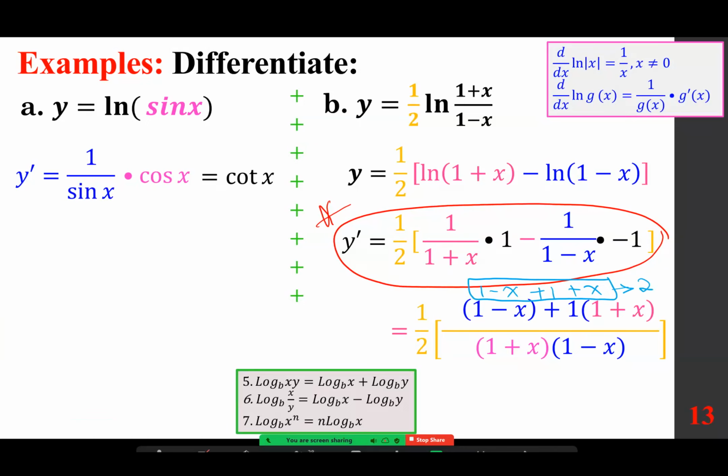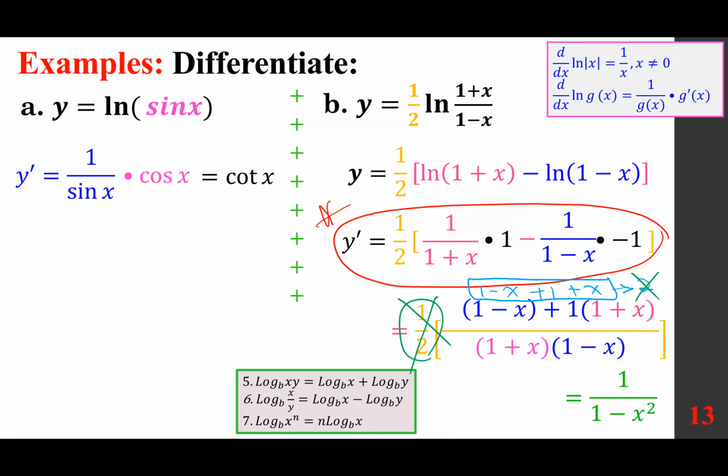Everything becomes number 2. Number 2 and 1/2 cancel each other. And it becomes 1 over 1 plus x times 1 minus x. 1 plus x times 1 minus x is 1 minus x squared. Quite a few steps of algebra, class, okay? But it's very straightforward.